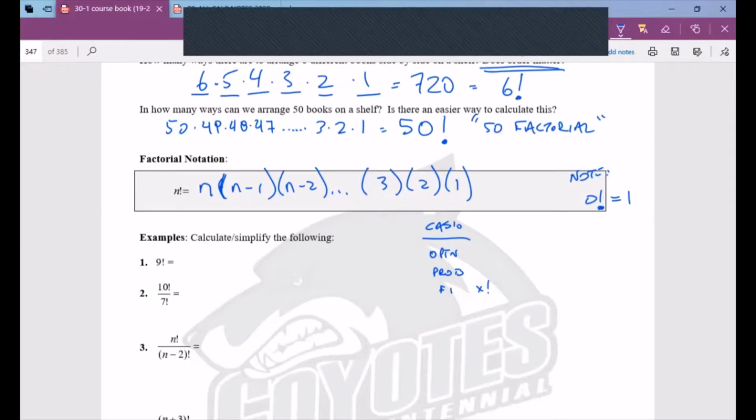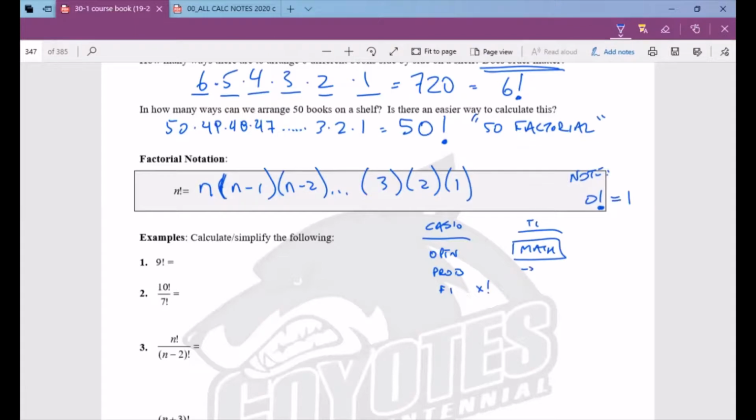On a TI calculator, we do something kind of similar. You push the button that says Math. And then you go over to the right till you get to the menu called probability. And then you'll have a button for factorial.